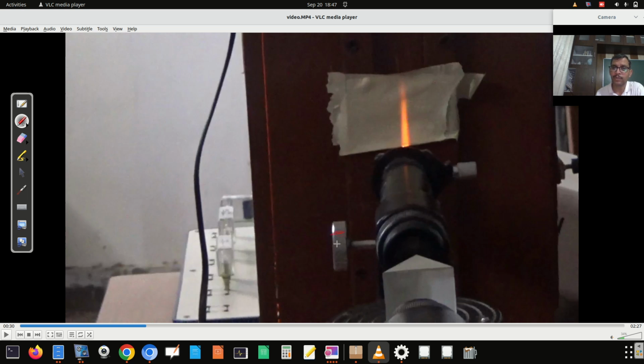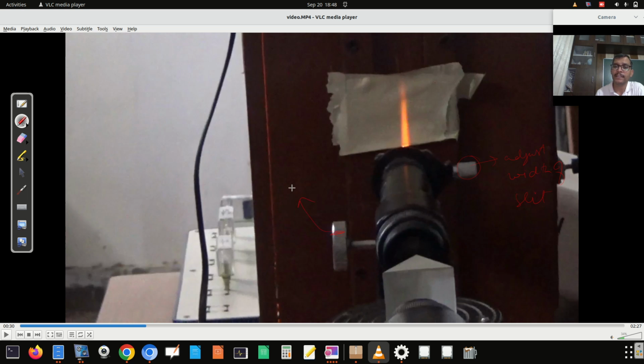With the help of rotating this, I can increase or decrease the length of this tube so that a fine slit is visible to us, and with the help of this screw we can adjust the width of the slit.